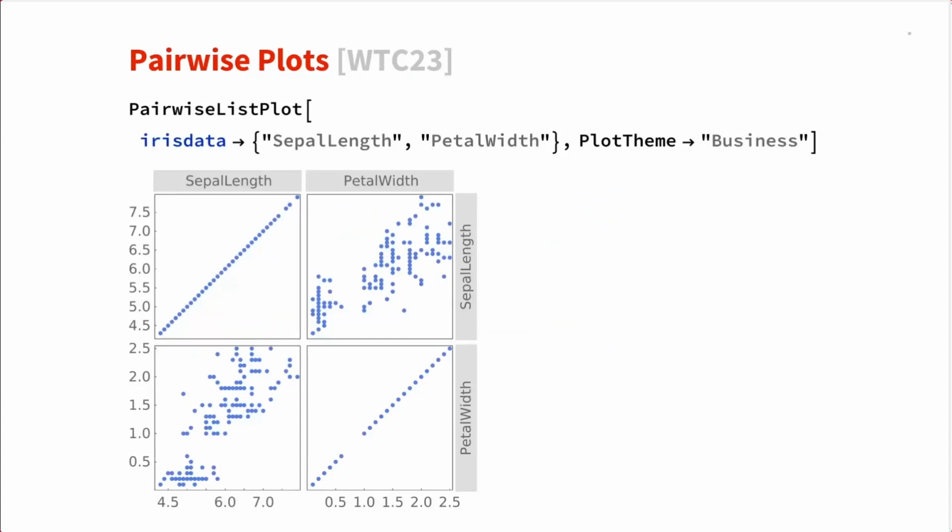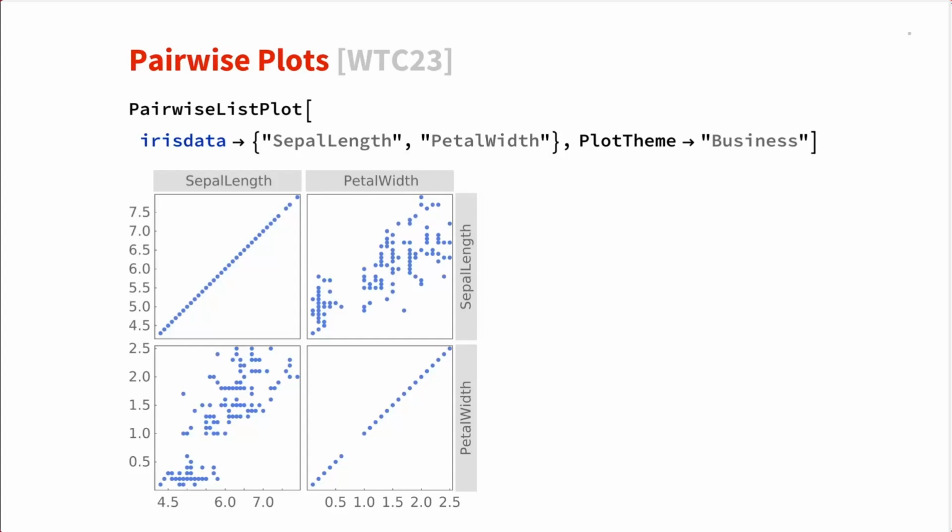We introduced pairwise plots in the last release, and in this version, we are extending support for tabular plots to all pairwise plots. I gave a tabular data visualization talk at last year's tech conference where I went into more detail about pairwise plots.